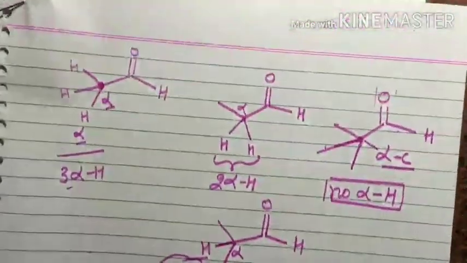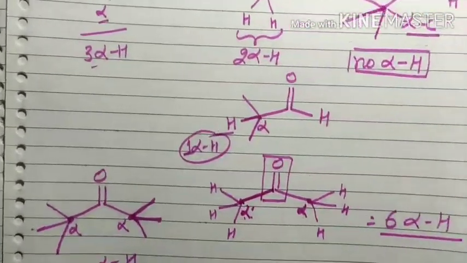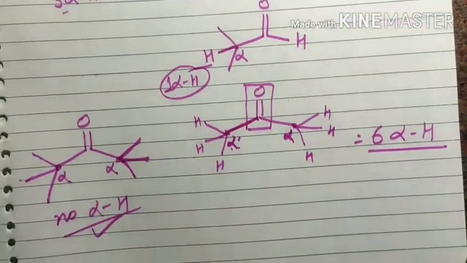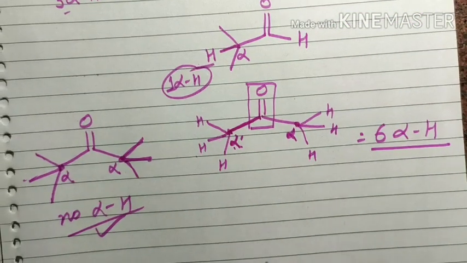After these examples you can easily find the number of alpha hydrogen present in an aldehyde or ketone. This is the basic requirement and basic knowledge for the further information.